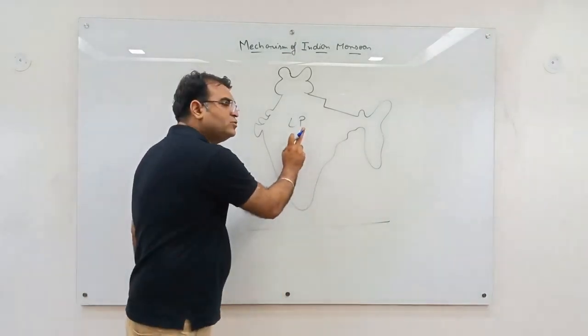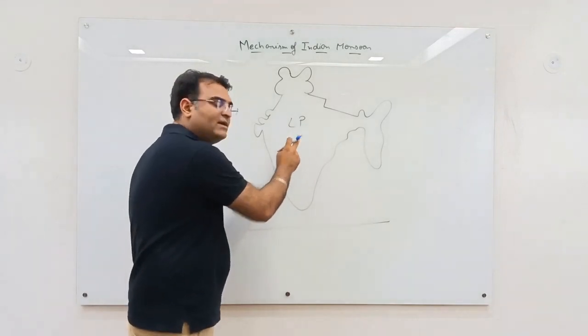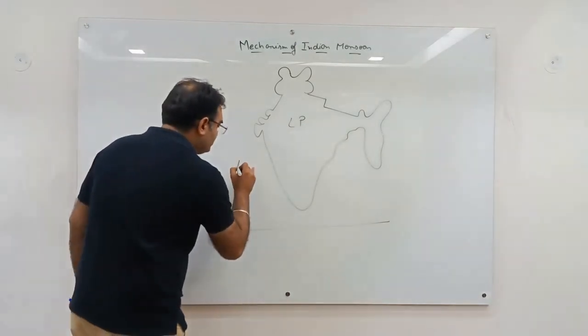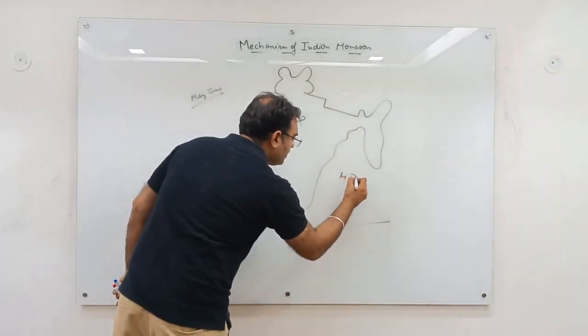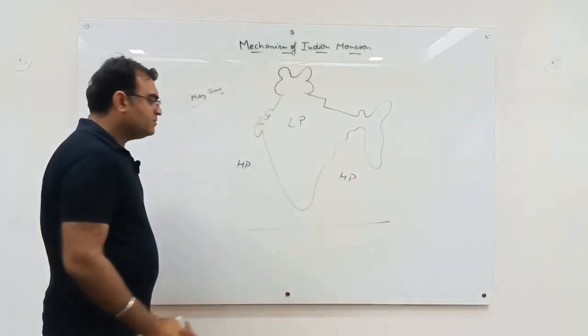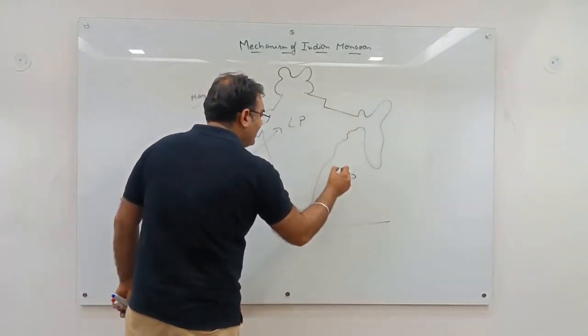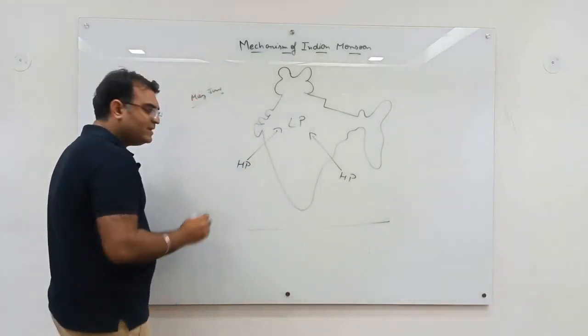That results in the development of low pressure over the Indian landmass, and the surrounding water bodies will have high pressure, and these high pressure winds are attracted towards our low pressure areas.